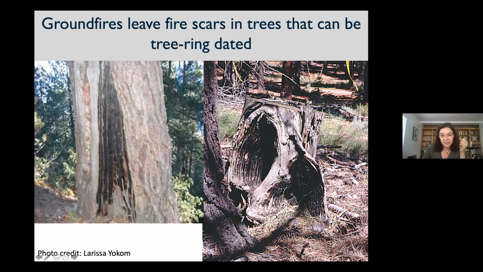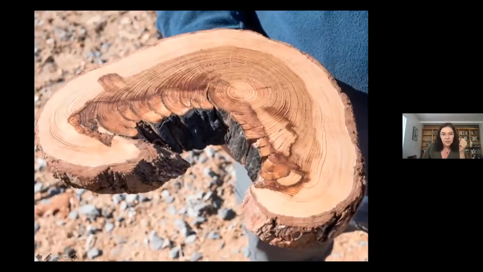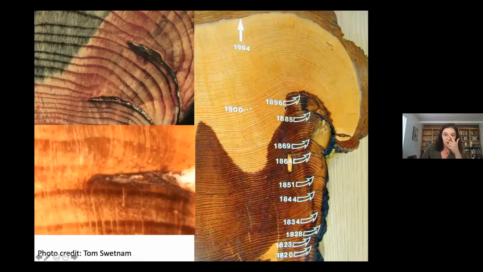And so if you take a sample through here, you get this. And so you can clearly see each of those scars that was left by a subsequent fire. And then by tree ring dating, you can date the year in which each of these fires happened. So this is, again, an example.